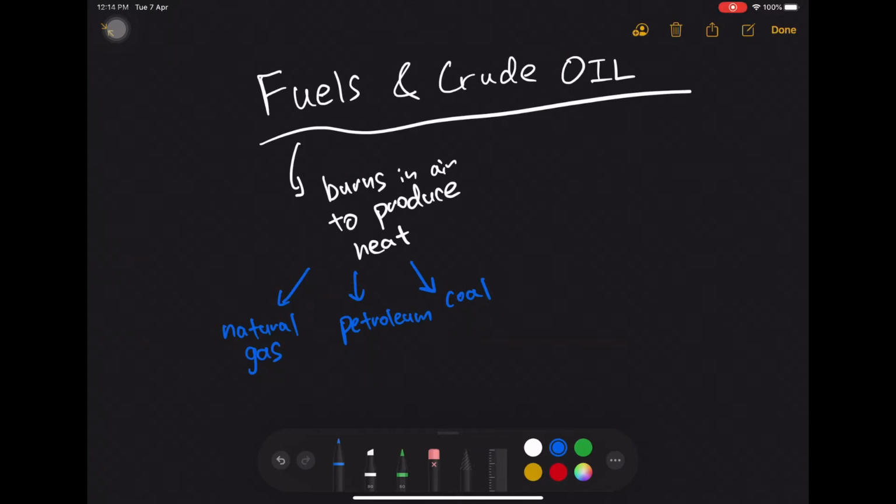And natural gas contains mainly methane, your CH4. Okay, so this is the first thing that you need to know for natural gas. And hydrocarbons are in crude oil.